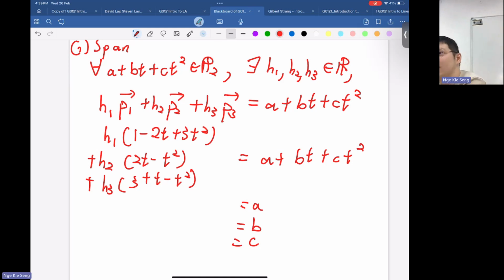Try computing, see if you do the same thing. What do you get from the 0 degree term? H1 plus 3H3, good. H1 plus 3H3, and then B equals to?